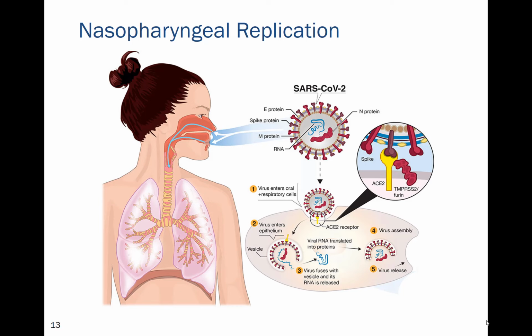So how does this cause disease? So what happens is, as we said, you have droplet spread, you inhale the virus, which then replicates in the nasopharynx.